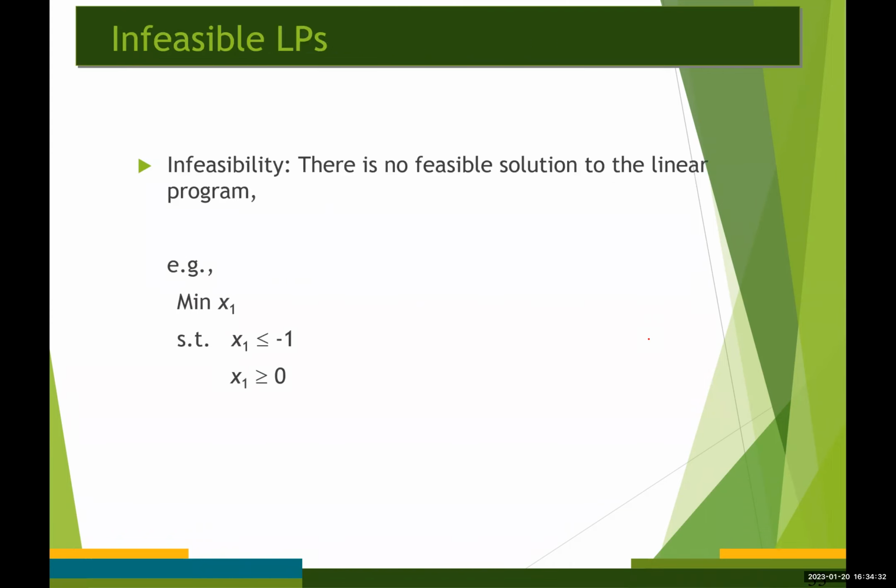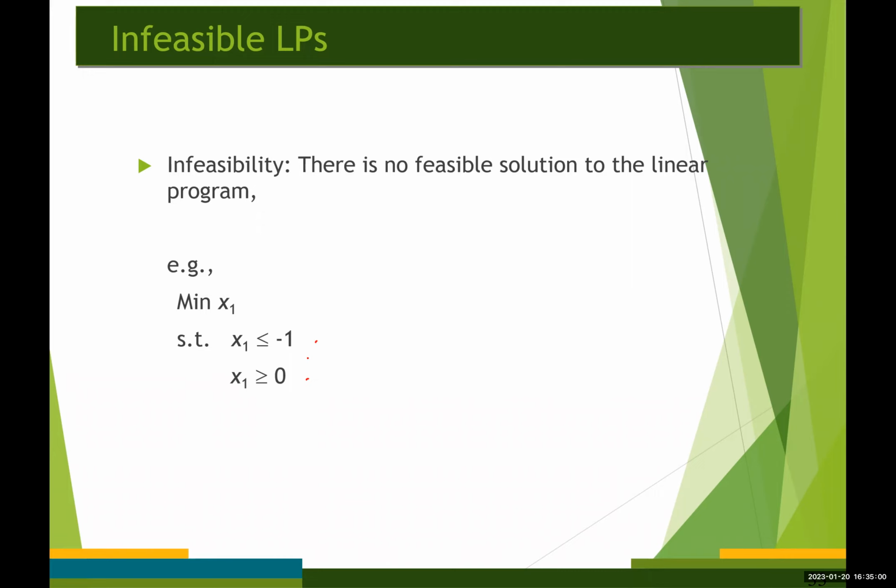So first, the infeasibility case, okay? So in this case, there is no real value that is simultaneously less than or equal to -1 and greater than or equal to 0. Is that right? So in this case, the feasible region is going to be empty.